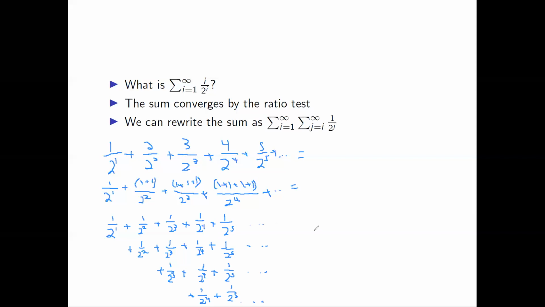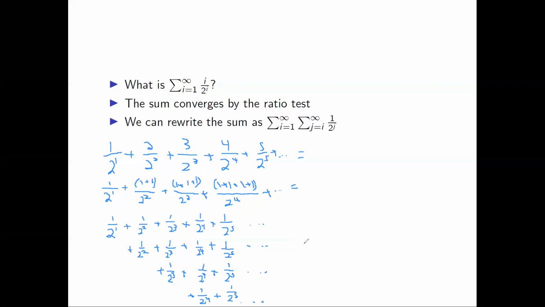And we look at that first line of the sum. That first line is 1 over 2 to the 1 plus 1 over 2 to the 2 plus 1 over 2 to the 3 plus 1 over 2 to the 4, and so on. And that's equal to the sum from j equals 1 to infinity of 1 over 2 to the j. The second line is 1 over 2 squared plus 1 over 2 cubed plus 1 over 2 to the fourth plus 1 over 2 to the fifth, and so on.